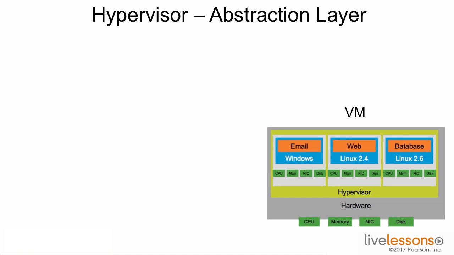The abstraction layer that sits between the operating system and the hardware is typically referred to as a hypervisor. This layer is like an operating system, but is not intended for installation of applications. Rather, the hypervisor supports installation of multiple types of operating systems. The hypervisor itself performs multiple tasks.